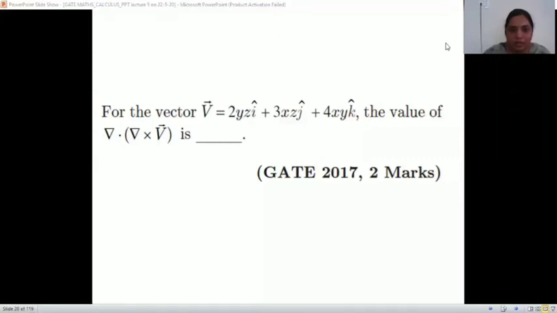Chalo, join fast. Okay, anyone can tell me the answer? Can you tell me answer fast? What is the answer? Please unmute yourself and tell me the answer.